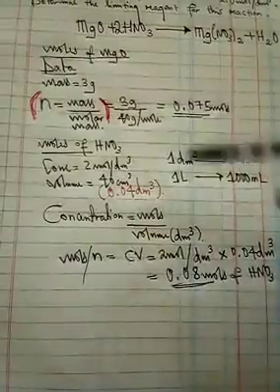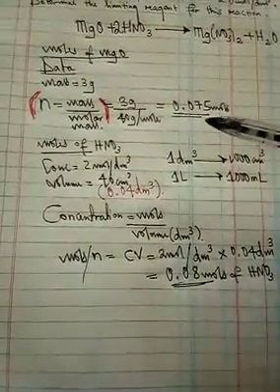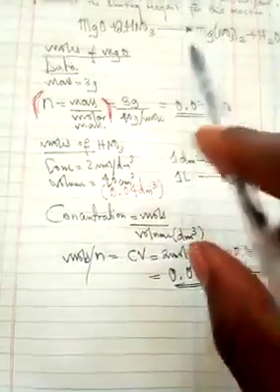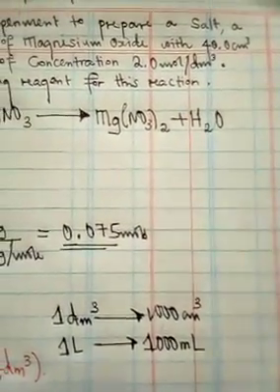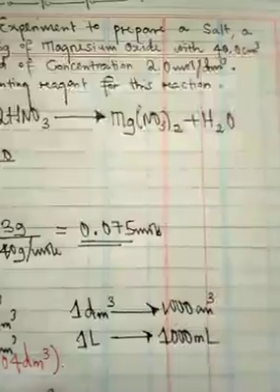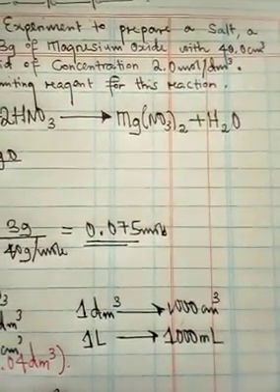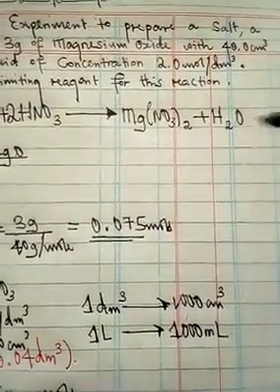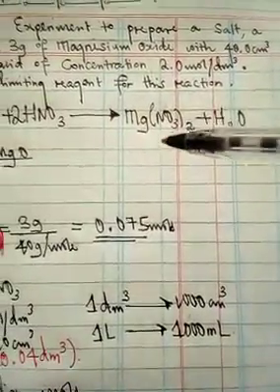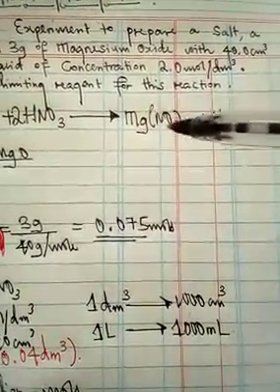So once we do that, we choose any product of our choice, either magnesium nitrate or the water. For instance, in this case I'm going to pick magnesium nitrate.